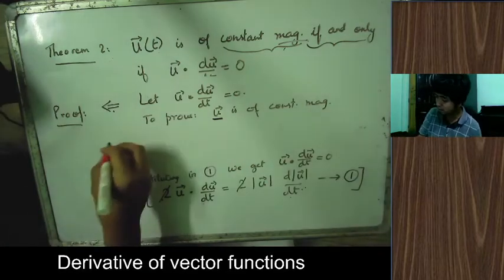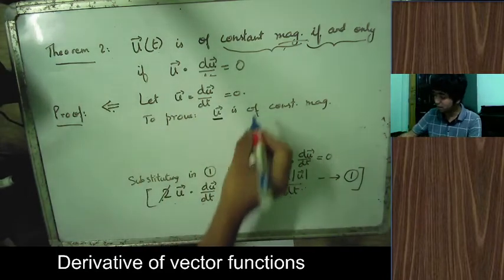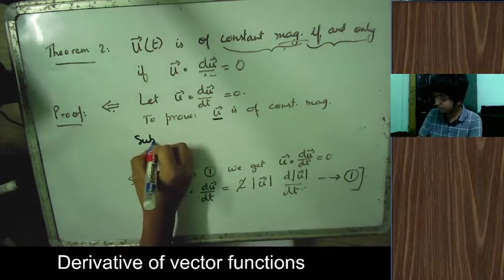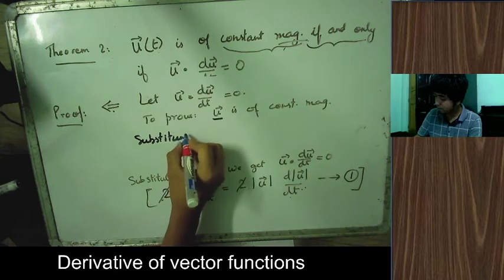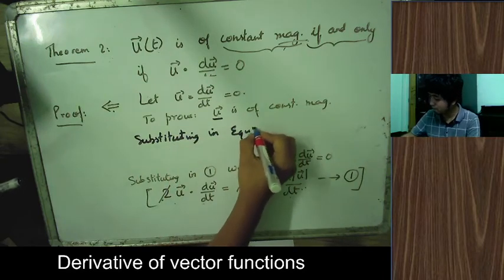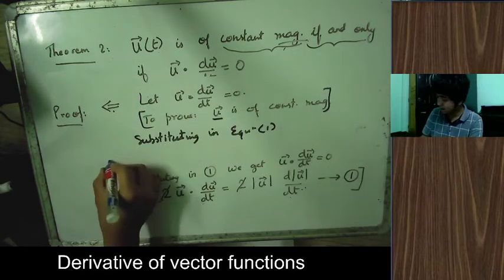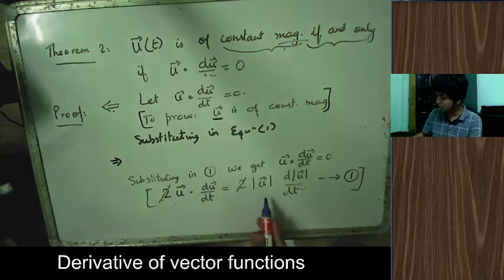Okay, the proof will go like this. So substituting this one in equation 1, writing this one in a square box. Okay, so u dot du dt equal to 0.